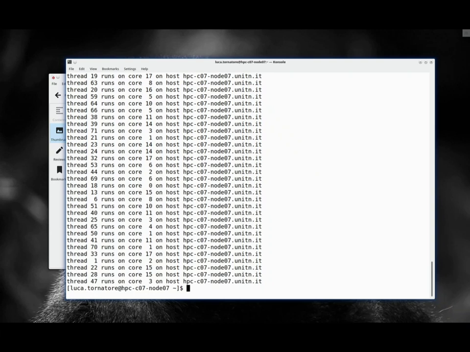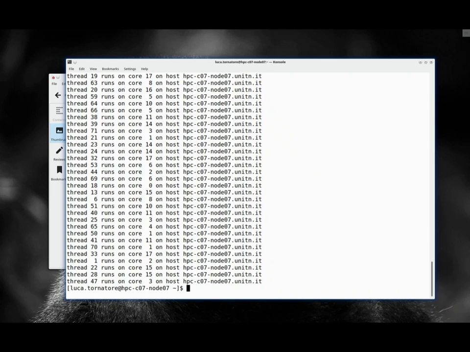Well, see that now the numbers here are not spanning from 0 up to the maximum, but if you just count, you will see that there are several threads that run on the same core, right? And that is because we asked for it.